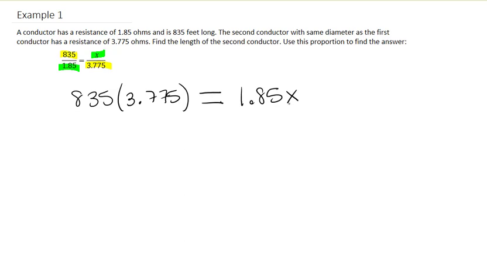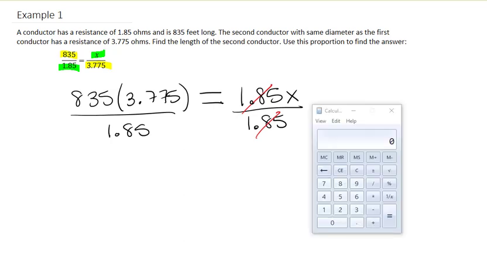Then we need to get x by itself. So what we do is we just go ahead and divide both sides by 1.85. So this gets rid of it here, and now we're left with x just on the left-hand side, and that's how we find x. So let's get our calculators out.